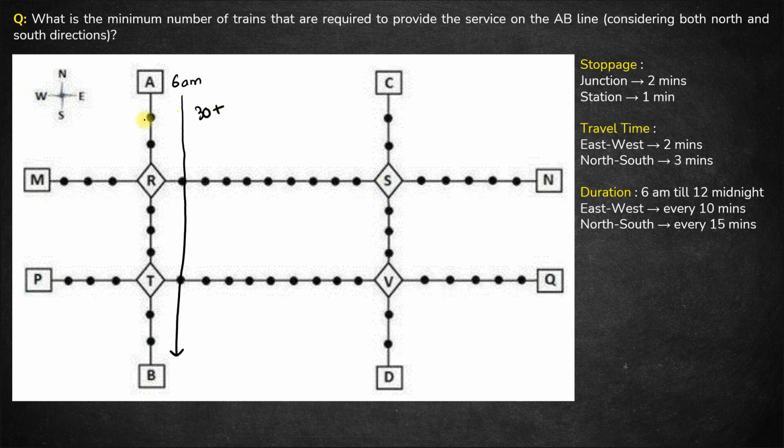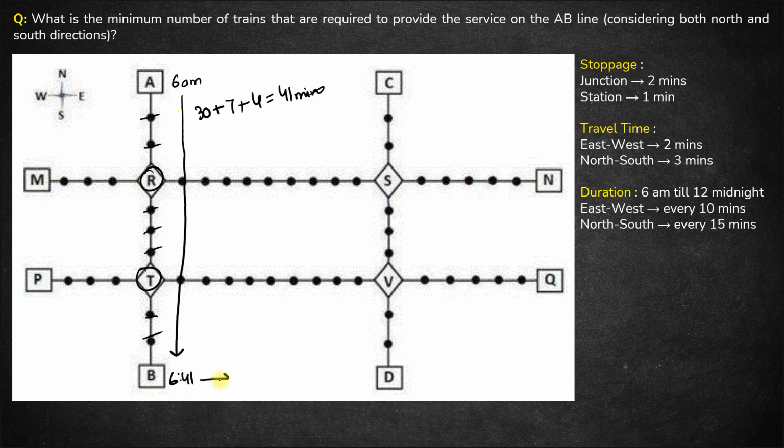Plus you have stoppage time 1, 2, 3, 4, 5, 6, 7: 7 minutes of stoppage time at these circular stations plus 2, 4 minutes of stoppage time at the junctions. So the total time taken to go from A to B will be 41 minutes. So the train which leaves at 6 AM from A reaches B at 6:41, right?